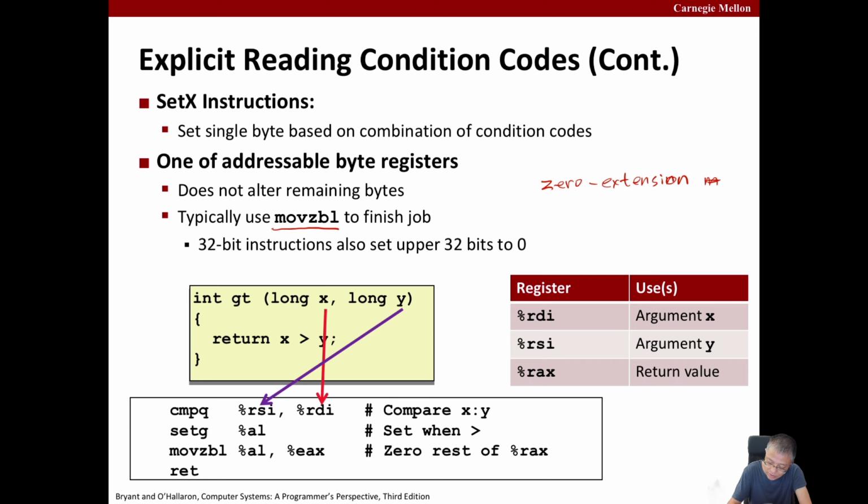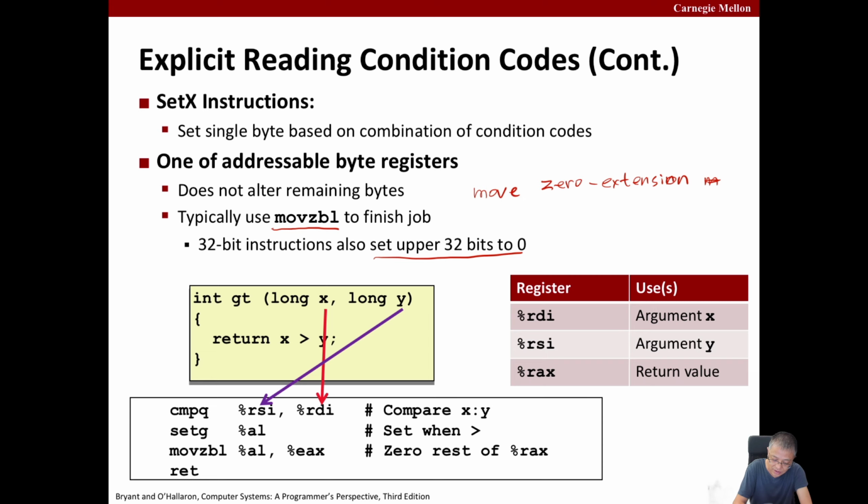Move with 0 extension basically will set the higher 32 bits to 0. It will set the upper 32 bits to 0. We can look at an example here.